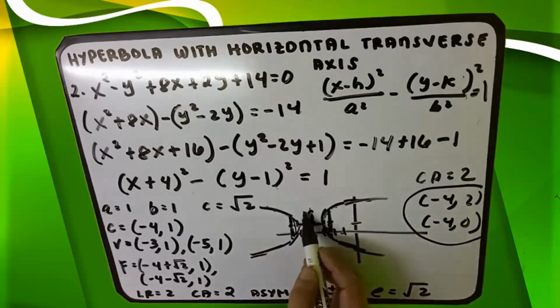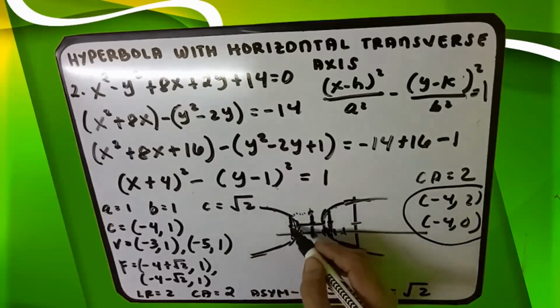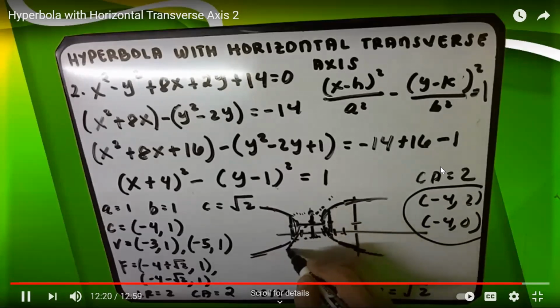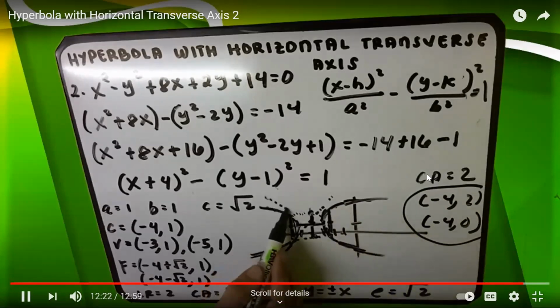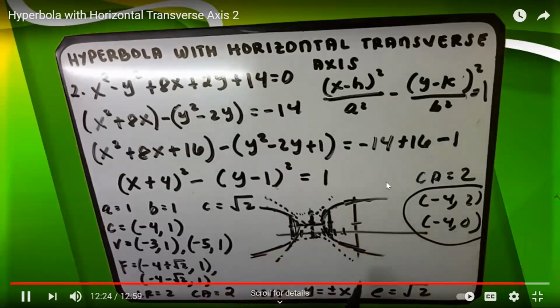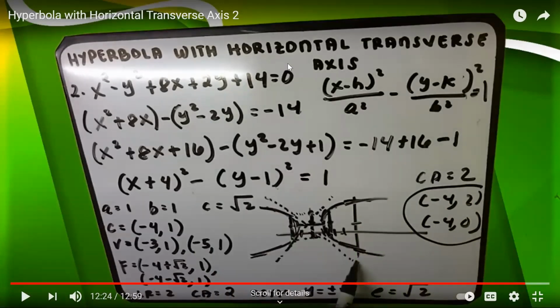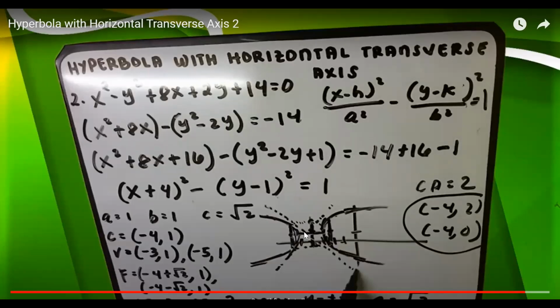Next, pag pinag-connect natin yan, nakaka-form tayo ng diagonal line. So, diyan correction, medyo ang nailagay ko is yung andun sa latus rectum.